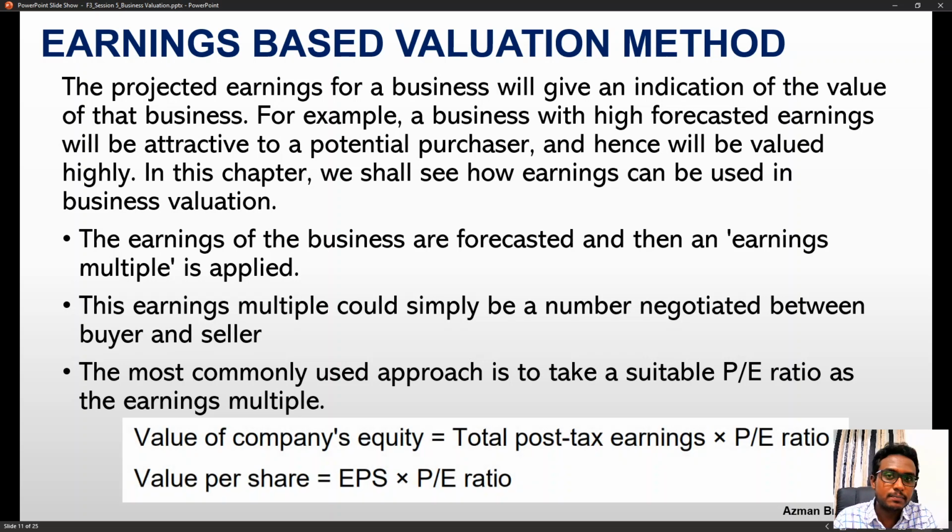So value of a company's equity is total post-tax earnings into the PE ratio. The value per share is EPS into PE ratio. This is what the earnings based valuation method entails, and this is something I'm fond of because of the straightforward nature.